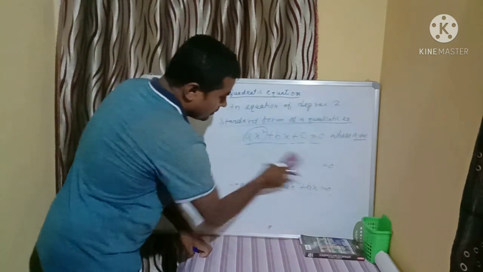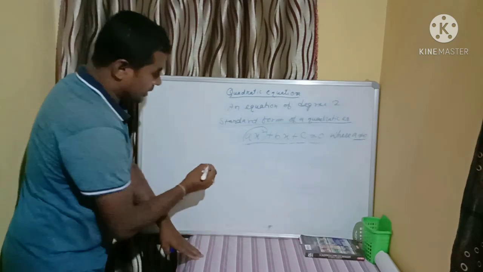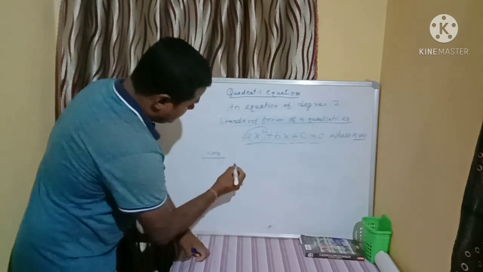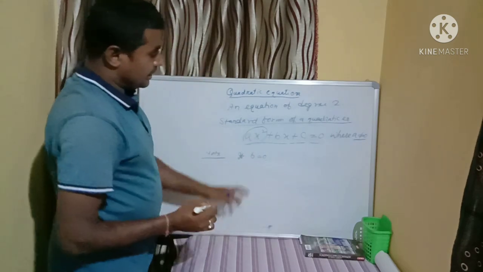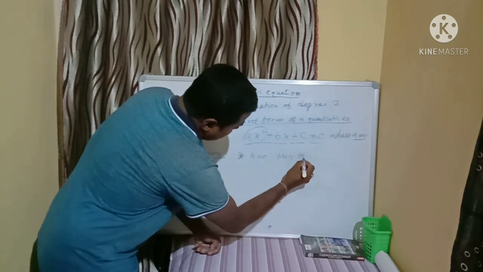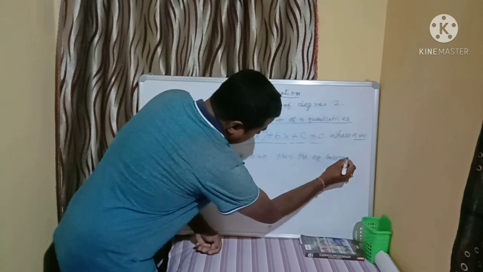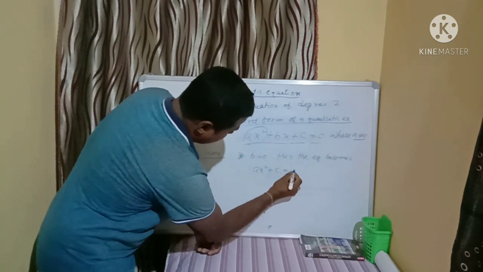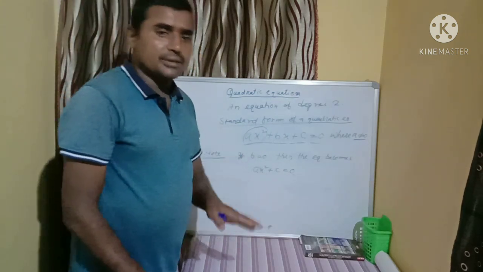Now one important note, you can write here: if b equal to 0, then the equation becomes ax square plus c equal to 0, and this is called a pure quadratic equation.